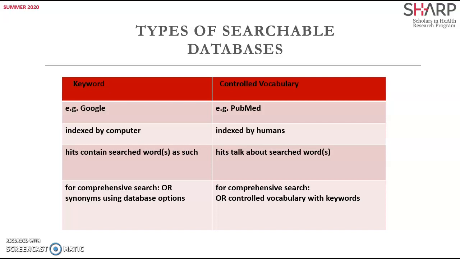The keyword database is all about mentioning, versus the controlled vocabulary database, which is about talking about, indexing. So the article gives me the things that are talking about a specific concept and not just mentioning it. That is making keyword searching, or these databases, dumb, silly forms of databases.